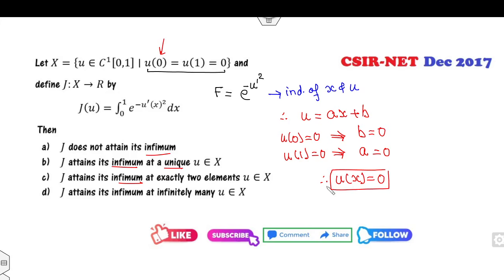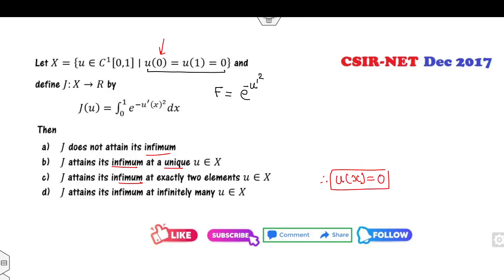Fine. Now once you know this is the extremal, you can check whether a minimum or maximum occurs. You can start with this value, del square f upon del u dash square. So how can you find that? Let me firstly find the first derivative. The first derivative will be minus 2u dash e raised to power minus u dash square. Can you find the second derivative with respect to u dash?